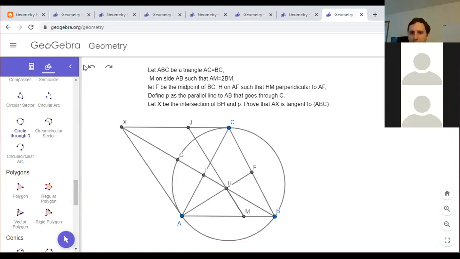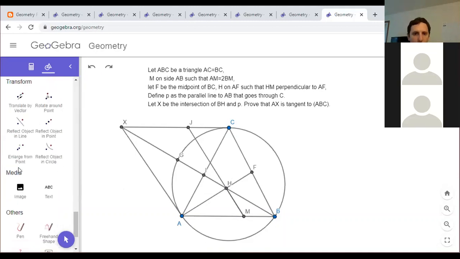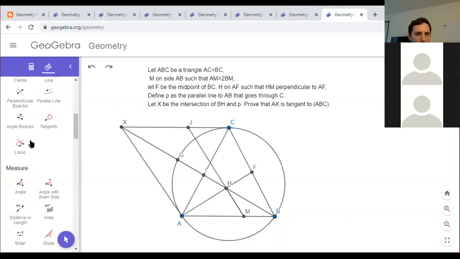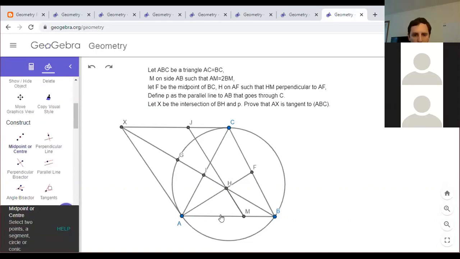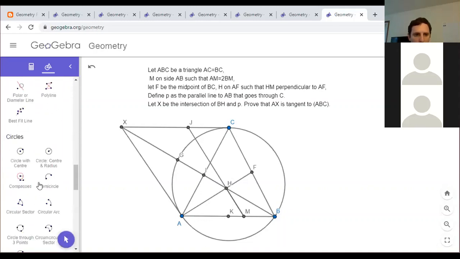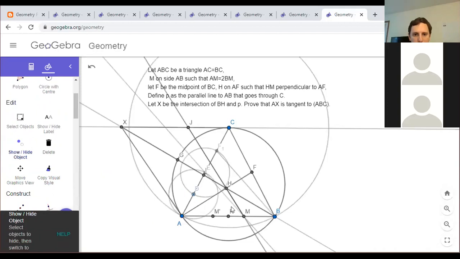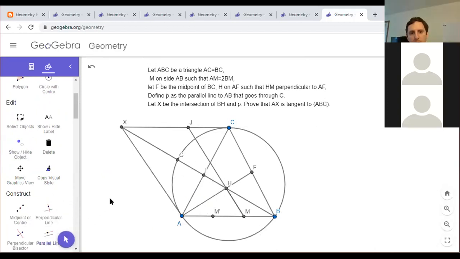Maybe you can add the other trisection of AB. All right, so let me do it this way, kind of the lazy way. Okay.